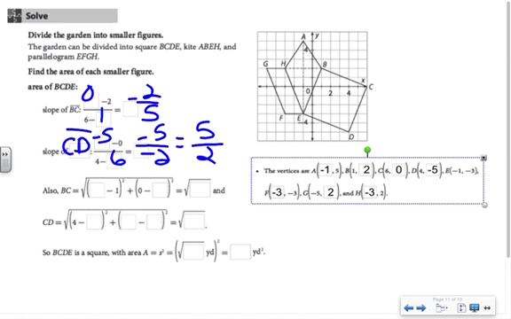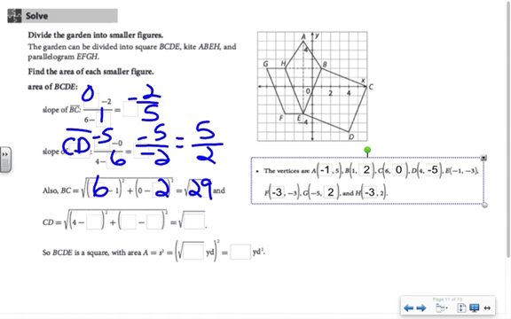And then they found the length of BC. They did 6 minus 1 squared plus 0 minus 2 squared to get, well, 5 squared is 25, and negative 2 squared is 4. So 25 plus 4 is square root of 29 now.